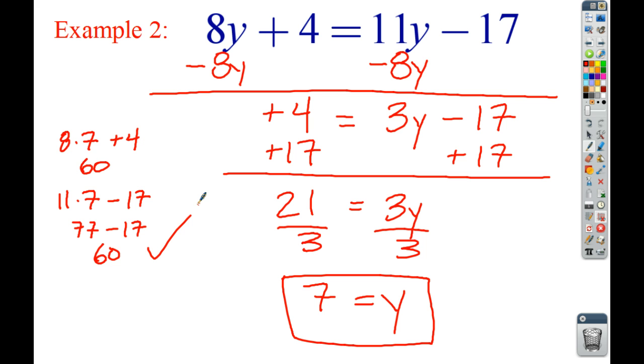Maybe you subtracted 17 again, or you divided wrong, or you forgot to carry a negative. Once you show your steps here, you'll be able to go back through your work and identify, oh, here's my error, I see what I did wrong. And that's really powerful, especially with solving equations, because once you get the idea of this, you can always check your answer and see whether or not you did it correctly.